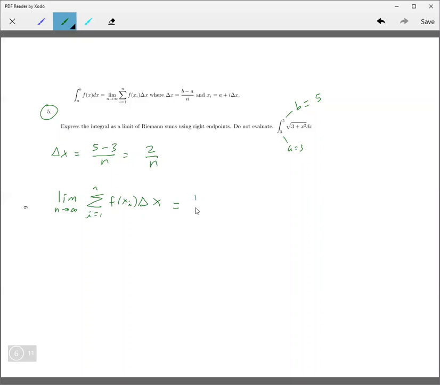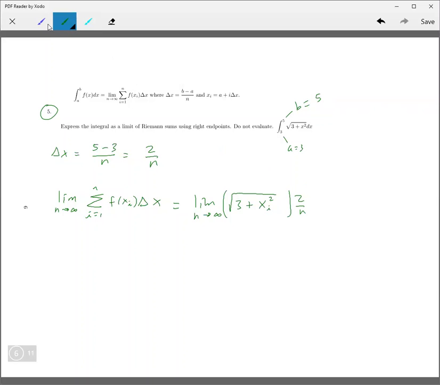So the 2 over n goes in for delta x, okay? And f of xi, that's going to be this right here, the square root of 3 plus xi squared.